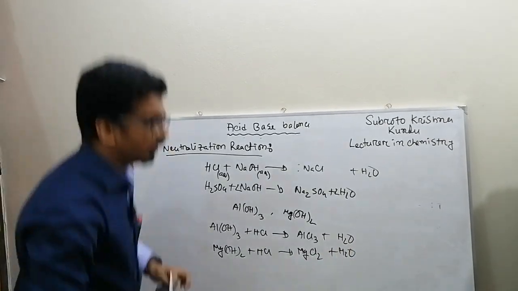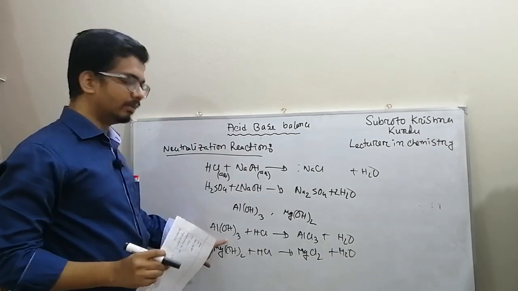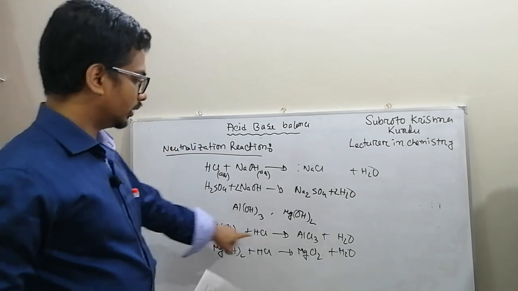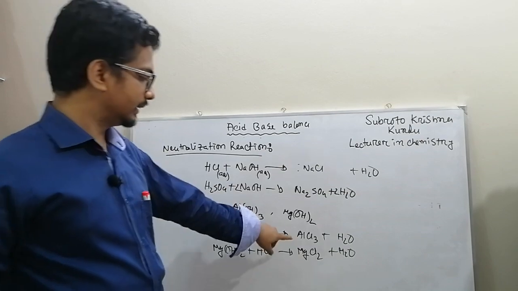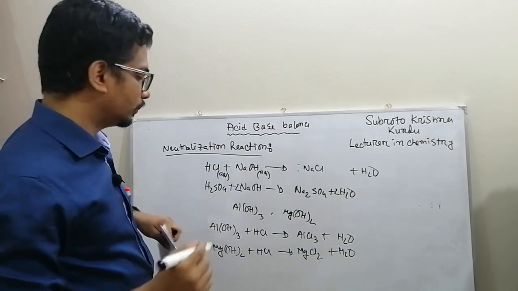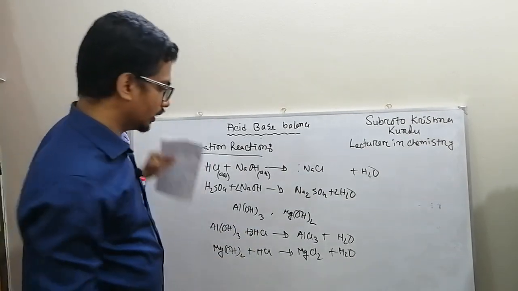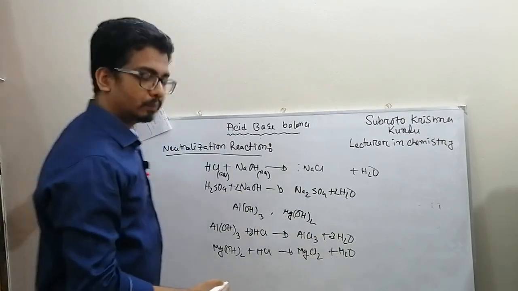We have to know the valency of aluminum is 3, that means aluminum hydroxide has 3 hydroxide groups, and in aluminum chloride, the atoms of chlorine are 3 and aluminum is 1. So if we want to balance it, we have to multiply the HCl by 3, and 3 moles of water are produced.